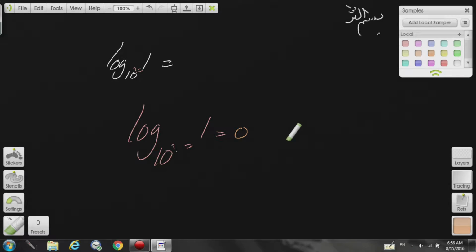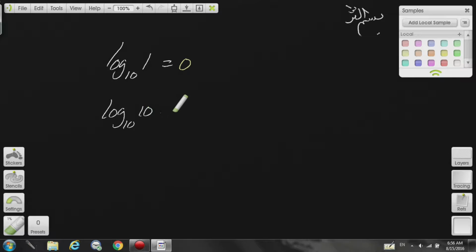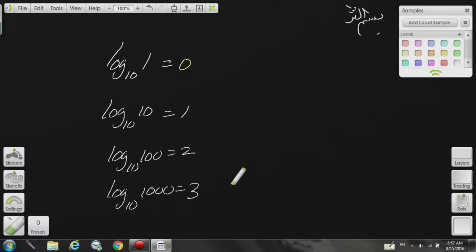So log base 10 of 1 is 0. How about log base 10 of 10? 10 to what power equals 10? 1. Log base 10 of 100? 10 to what power? 2. Log base 10 of 1000, you're getting it. 10 to what power? 3.